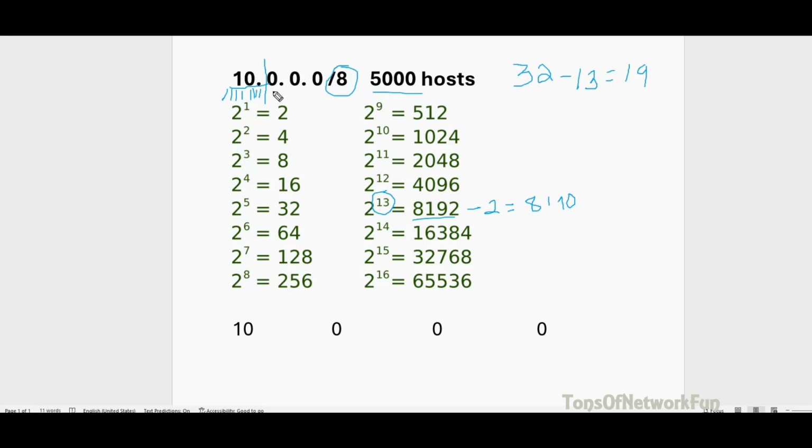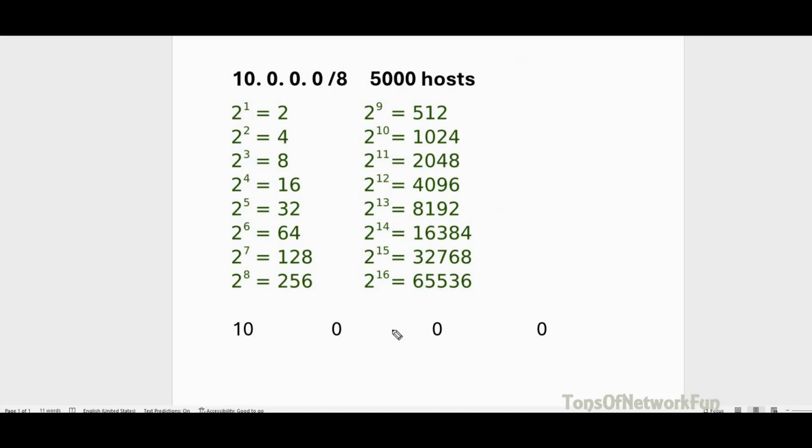So 8 plus 8 is 16. Now the network is here, and also 3 more bits from the third octet. So now the network ends here. Only the fourth octet, and some of the third octet, is available to borrow, but the entire fourth octet is available. I'll show you like this.